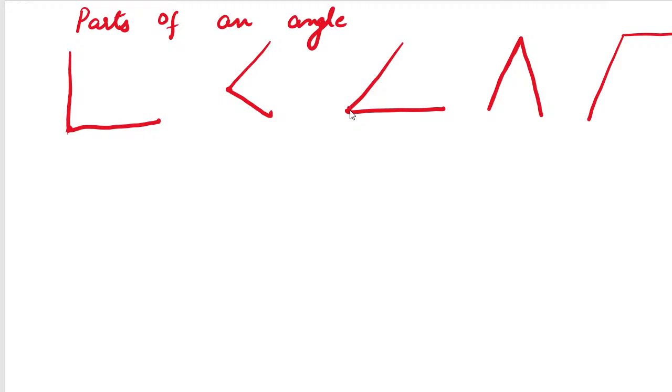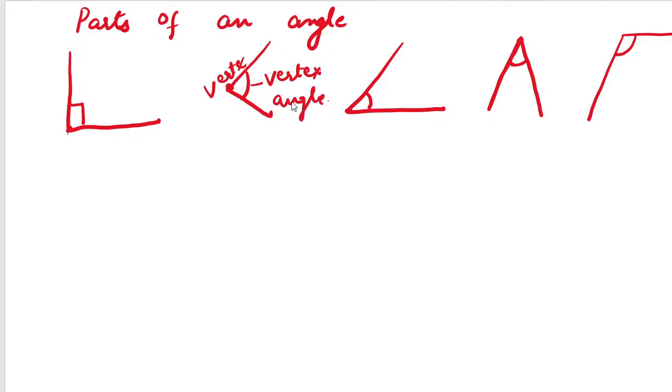So they make an angle here, because they are meeting at a point. This is known as the vertex, where two lines meet each other, and this angle is known as the vertex angle. So you have to remember this thing.